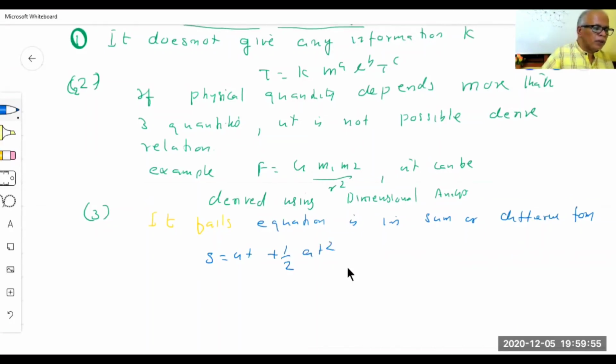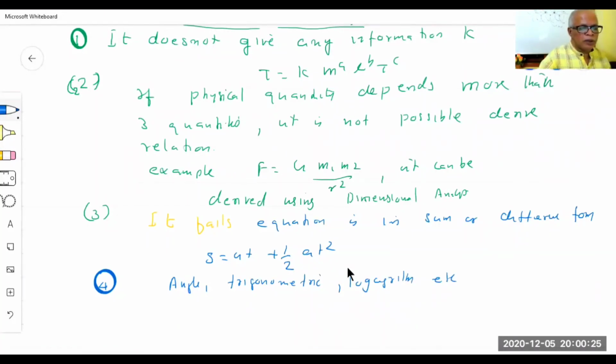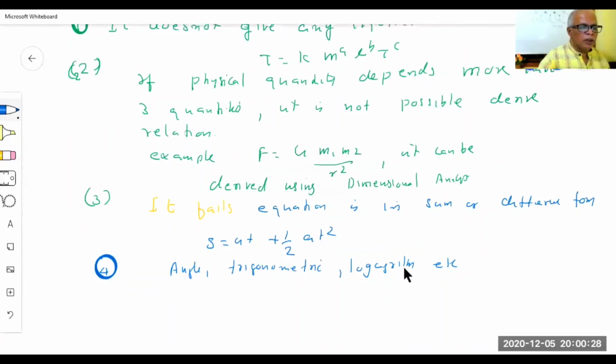The last one is trigonometric, exponential kind of angle, trigonometric ratio, logarithm, etc. cannot be obtained by this method.